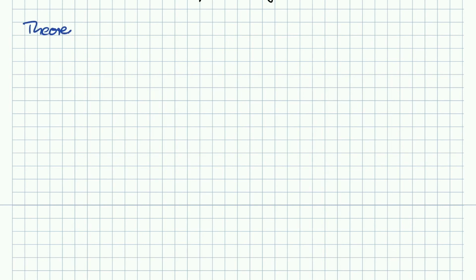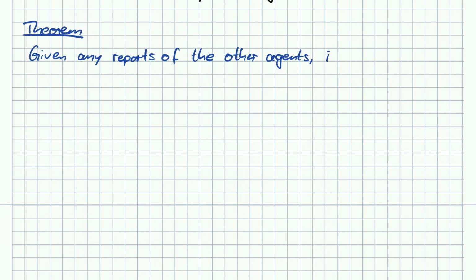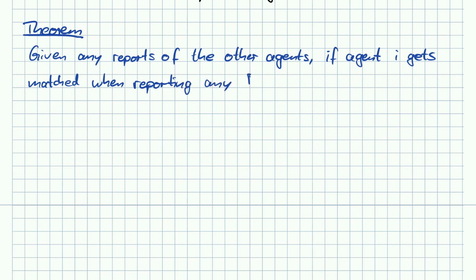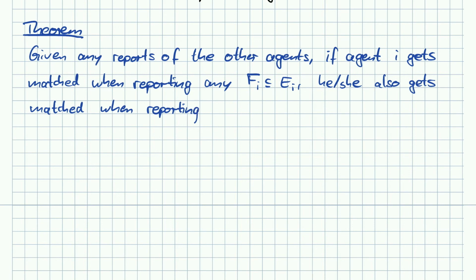So our theorem will be: given any reports of the other agents, if agent i gets matched when reporting any Fi, which is a subset of Ei, he or she also gets matched when reporting Ei.